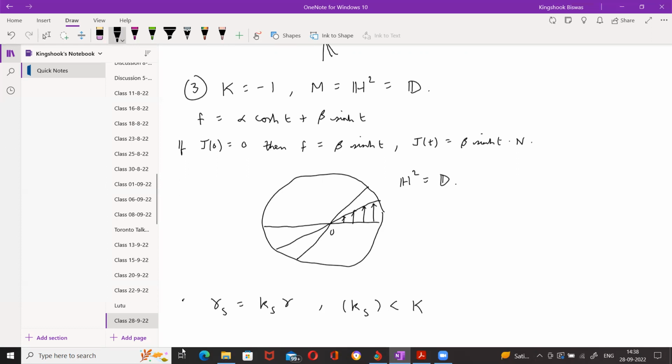K is one dimensional in these examples, so K_S is equal to K. In these three examples. Is this clear? So this is just isomorphic to S1.